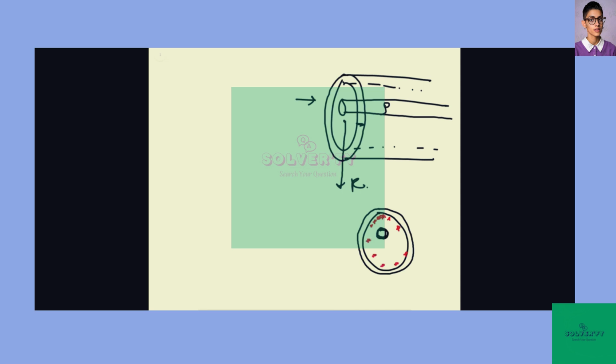There will be more charge close by and less charge farther away. Now, because there should be no field inside the cylinder itself because it's metallic, the total charge enclosed by this surface must be 0, which means this induced charge must be equal to the charge on the cylinder itself.